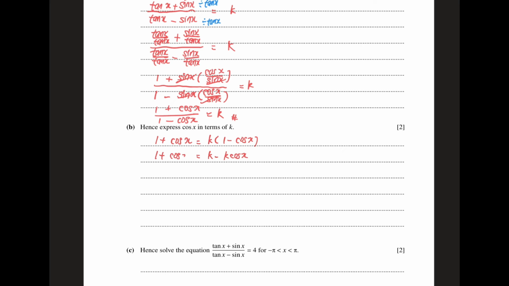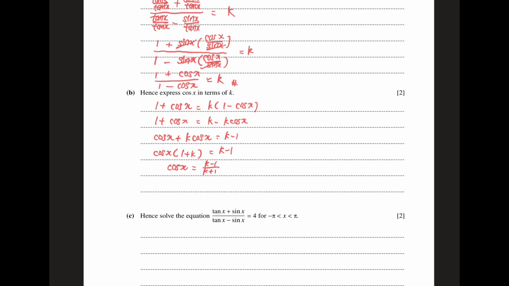Then I gather up all the cos terms on the left hand side. Then I factorize the cos x. Then I get cos x equal to (k minus 1) over (k plus 1). Okay, I get cos x in terms of k.